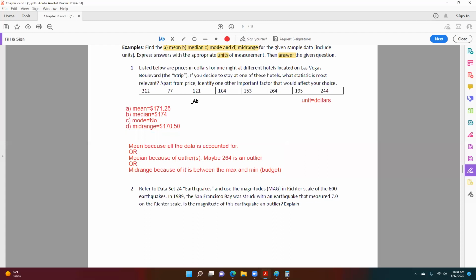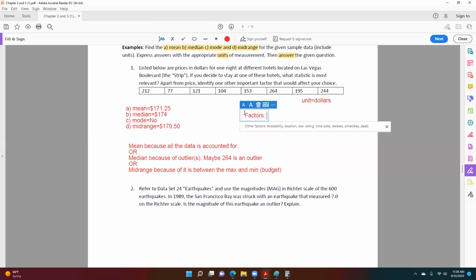And the last question is asking, apart from the price, identify one other factor that will affect your choice. So again, when you go to book a hotel room, price is one of the most important factors, because you don't want to pay a lot, but there are other factors that you look for.